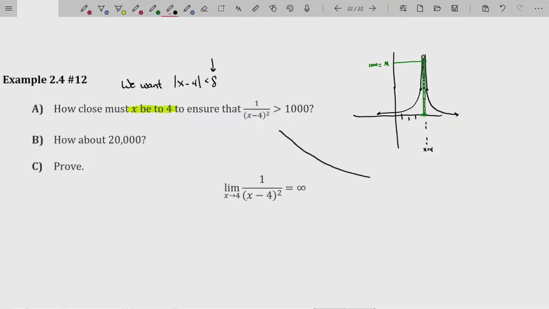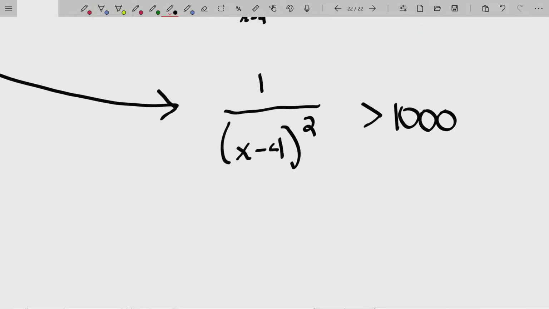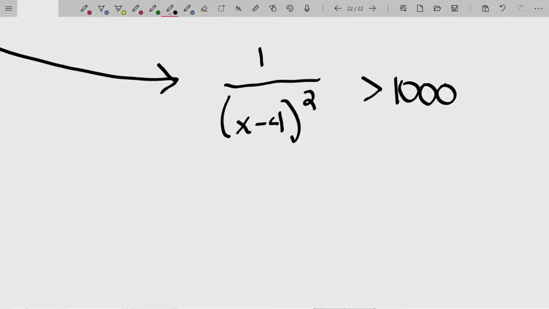Let me grab this and move this off to the side. If I have 1 over the quantity of (x minus 4) squared, and I'm told I need to get this above a height of 1,000, well, I could take the reciprocal of both sides. By the way, you should know that if you take the reciprocal of both sides of an inequality, the inequality sign switches. Try it out.